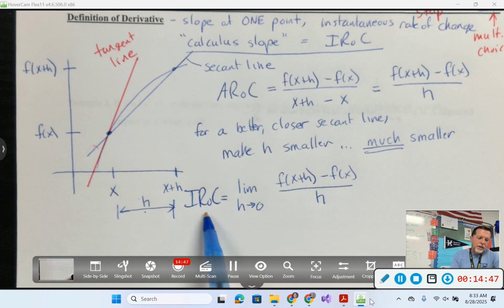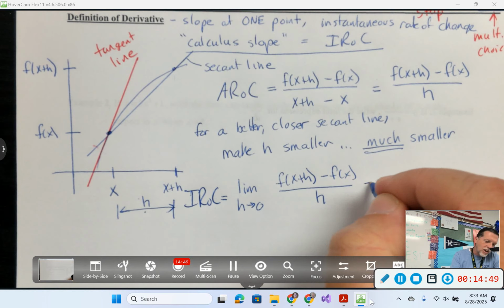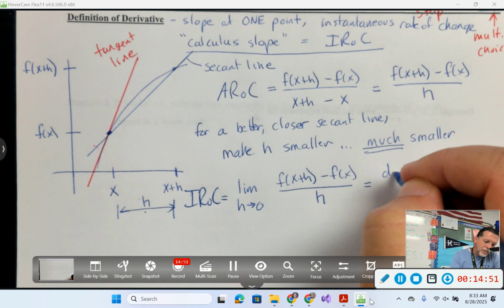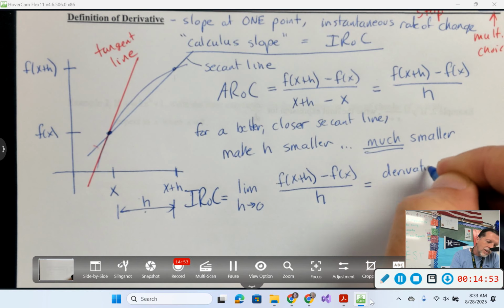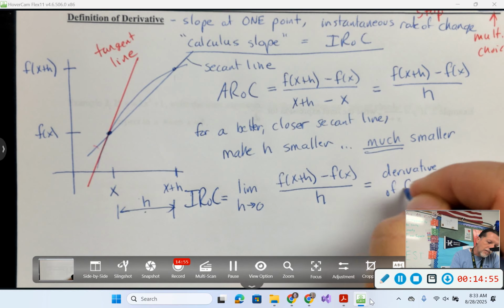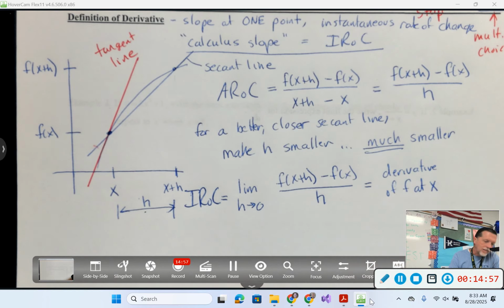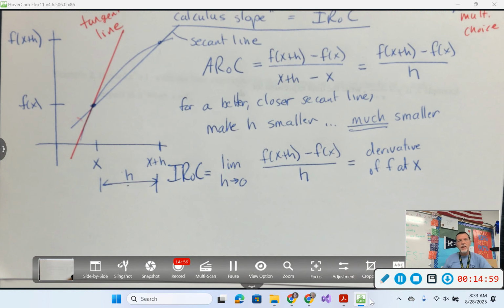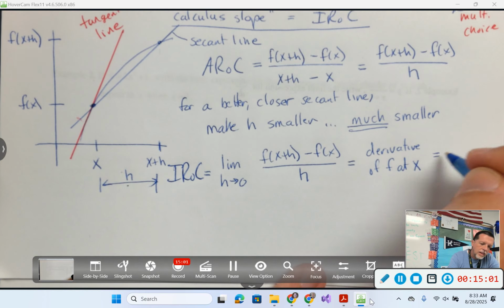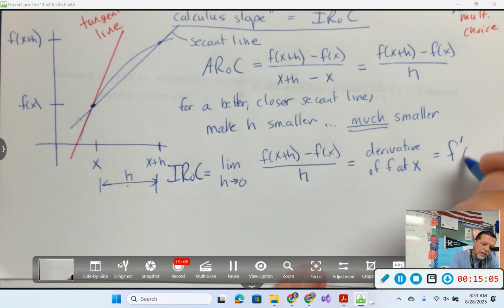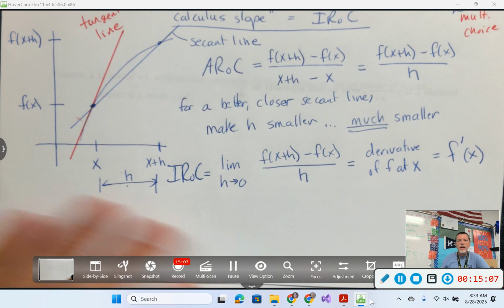And if we have the instantaneous rate of change, that's the derivative of f at x. The symbol for that is that little one mark right there, f prime of x.